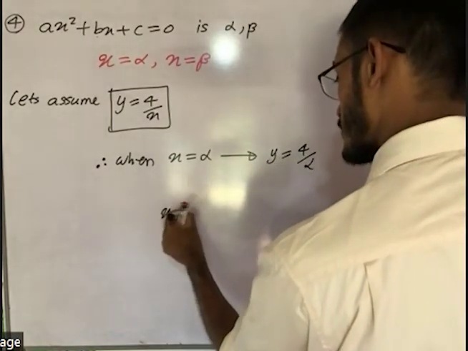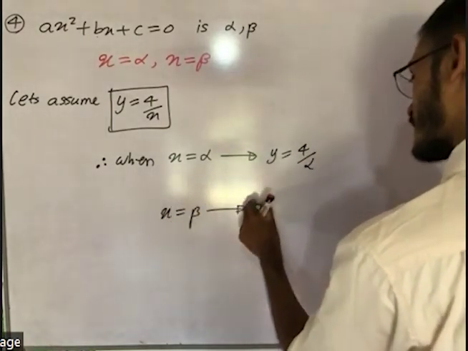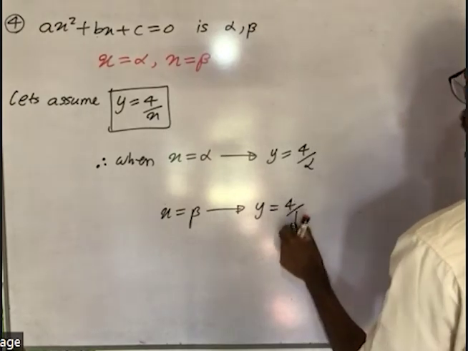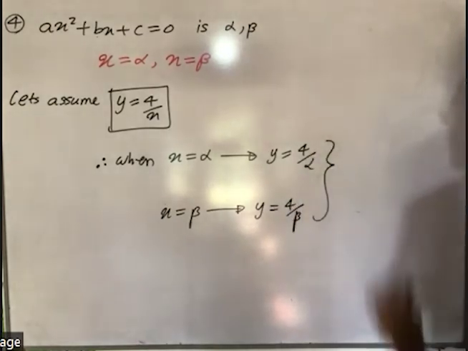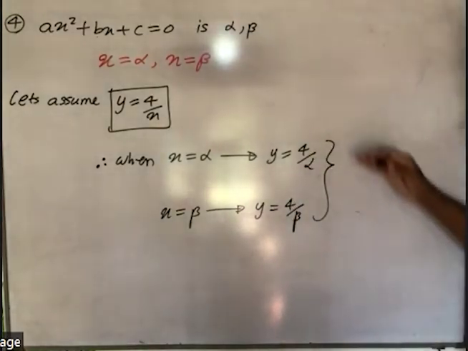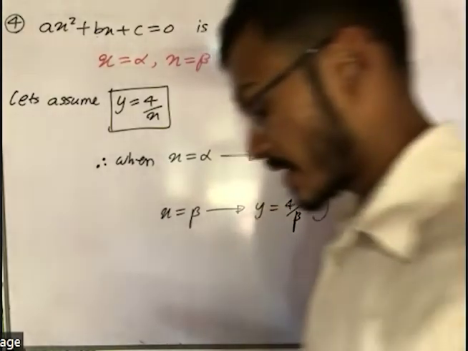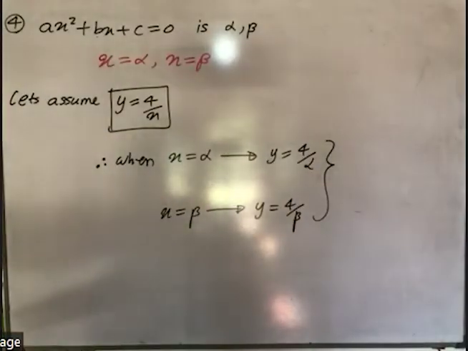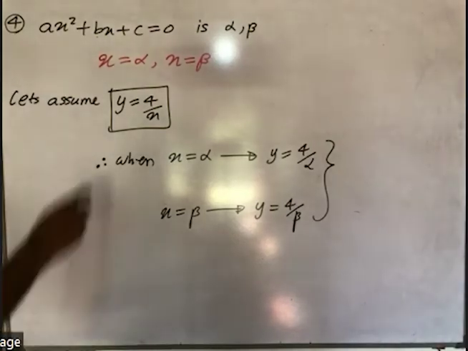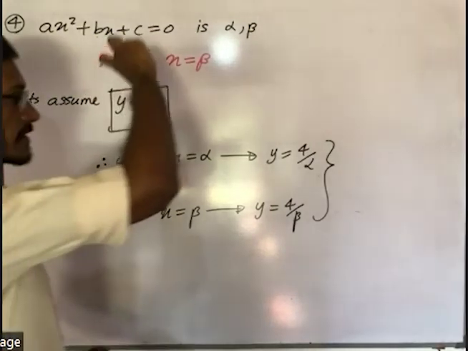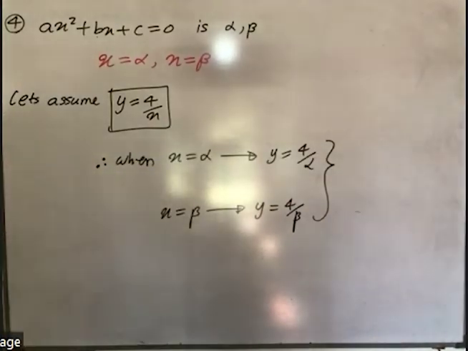When x equal to beta, y value 4 over beta, right? So these are the 2 roots that we want, right? So from this algebraic relation, we can convert the x value to a y value. Then we can get the roots we want.